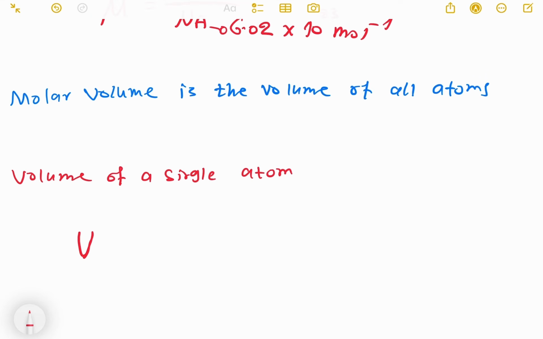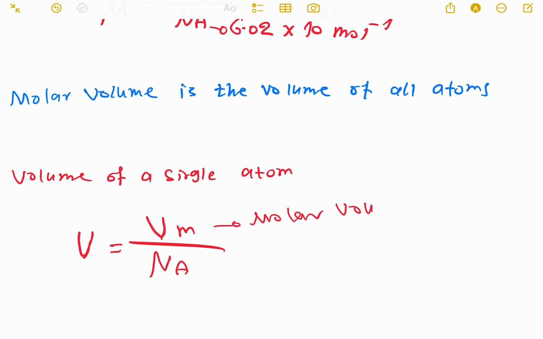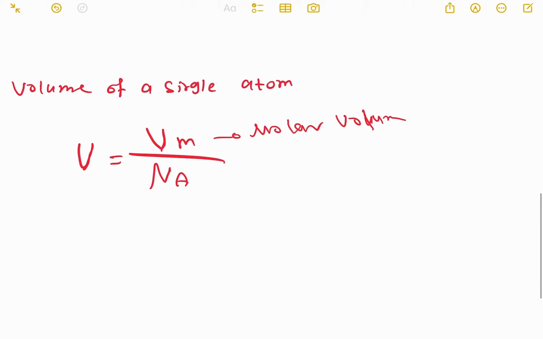You have volume is equal to molar volume divided by Avogadro's number. You remember this is Avogadro's number, same number, okay? This is molar volume. So this is for finding the volume of a single atom.